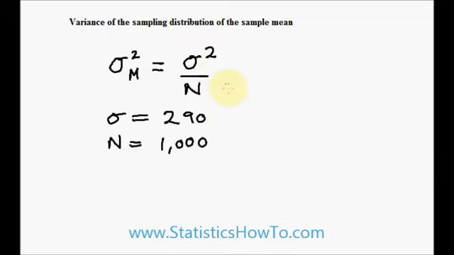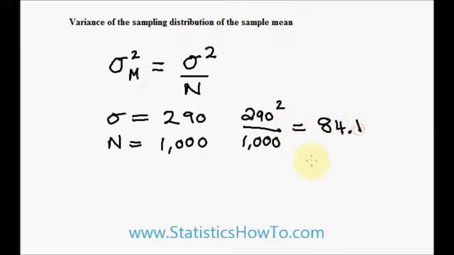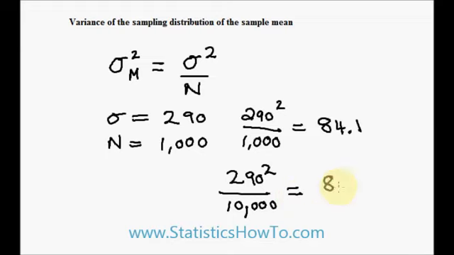Well, that is going to be your standard deviation squared, 290 squared, divided by your sample size of 1,000. That equals 84.1. If we increase this sample size to 10,000, our variance is going to drop to 8.41.